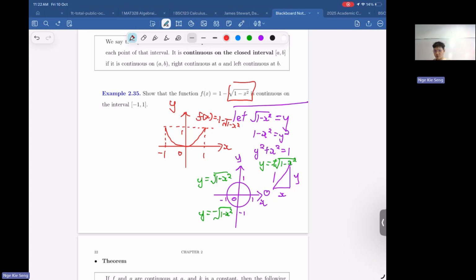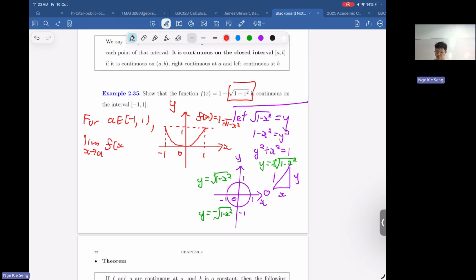So how many things do we need to check? We need to check the endpoints. We also need to check the points in the open interval -1 to 1. So for a in (-1, 1), actually there's only one treatment you can do here.